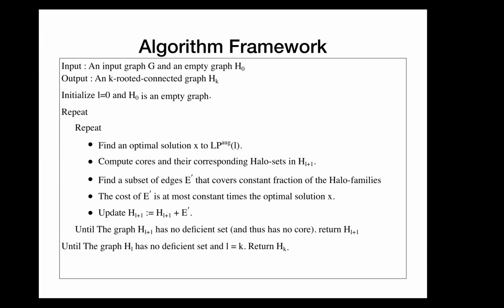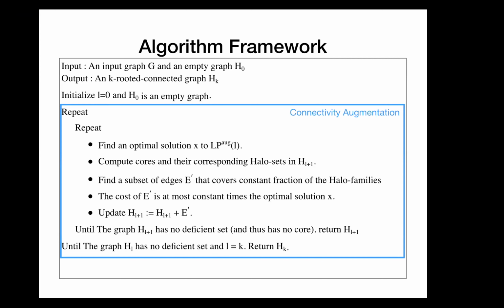This is our algorithm framework. We want to find a subgraph that has k distinct paths from the root to each terminal, and we want to minimize the cost. At a high level, our algorithm combines the connectivity augmentation framework and the hollow set decomposition. The outer loop is the connectivity augmentation framework.